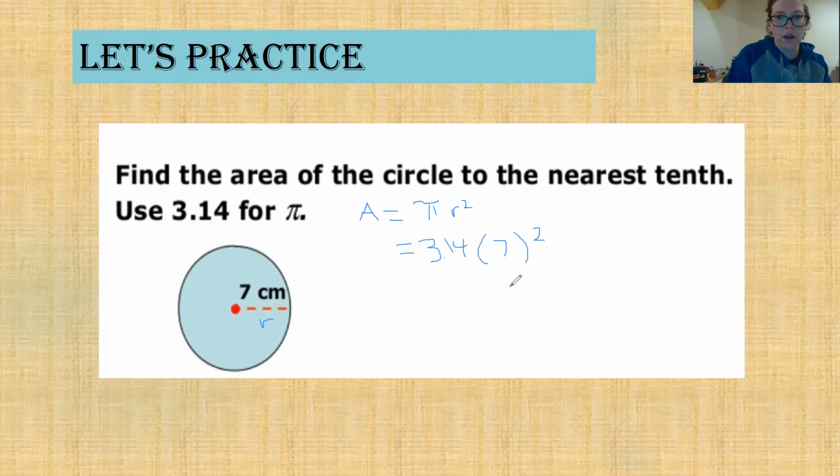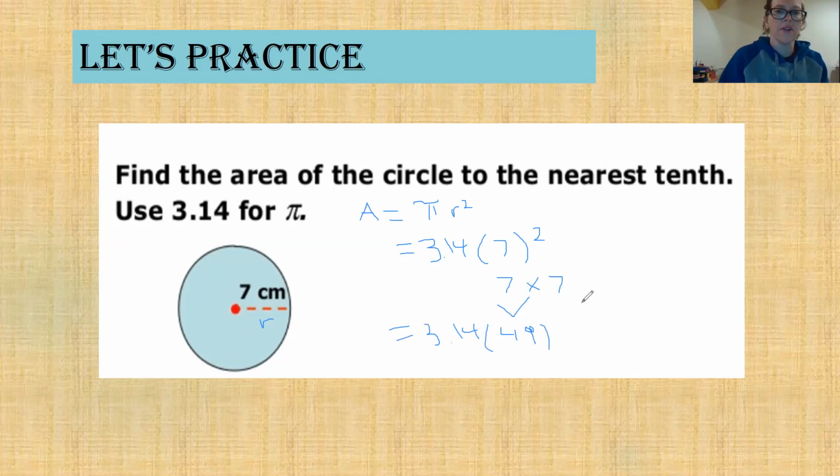So 7 squared, remember, is the same thing as saying 7 times 7, multiplying 7 2 times. So 7 times 7 should give you 49. And then you're just going to multiply 3.14 times 49.